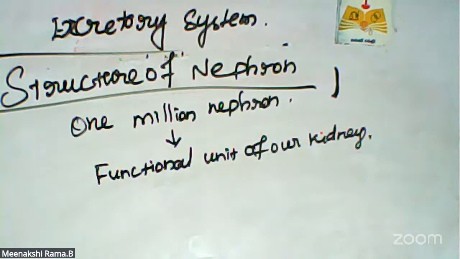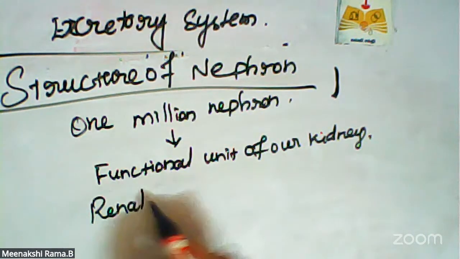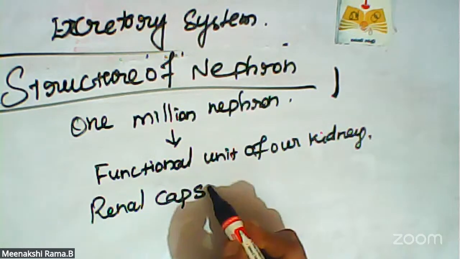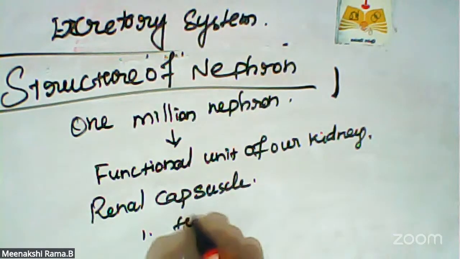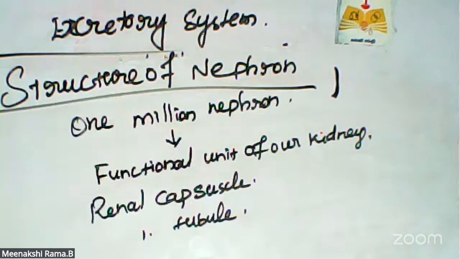Each nephron consists of the renal capsule and then renal tubule. The renal capsule contains a cup-shaped structure that is called Bowman capsule.